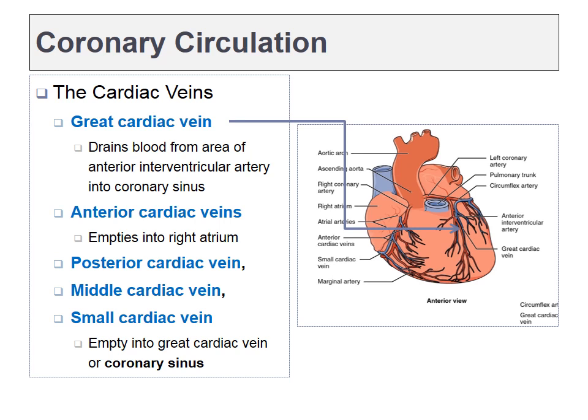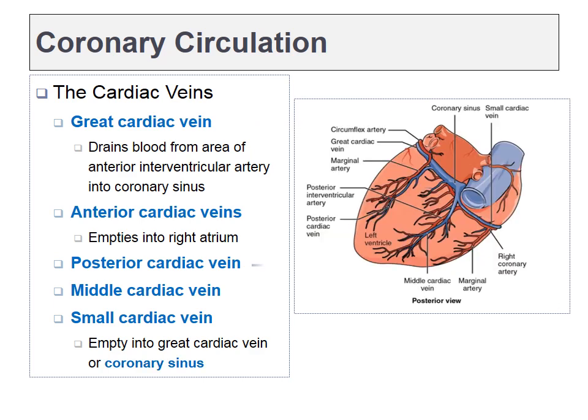This blood would flow to the muscle of the heart, which would use it up, and then this blood flows back via a bunch of veins, including a great cardiac vein on the front side of the heart, a number of anterior cardiac veins over here.